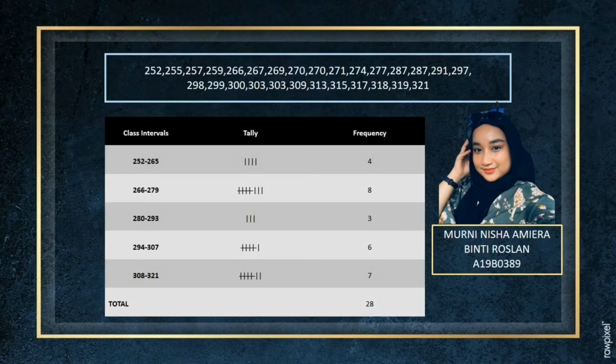For the class interval, we have found that the width is 14, so 252 plus 14 until 265. We can search for it in the rearranged data, and the frequency is 4. If we total the frequency, it must be the same as the total sample.